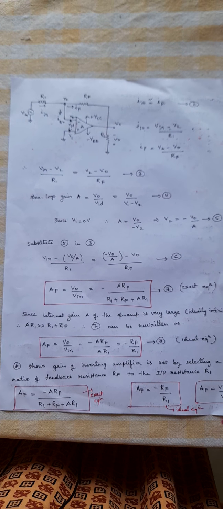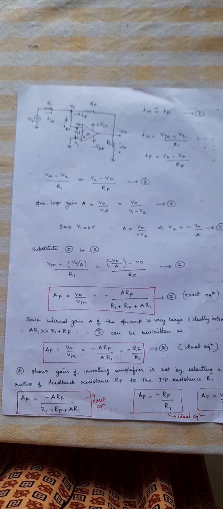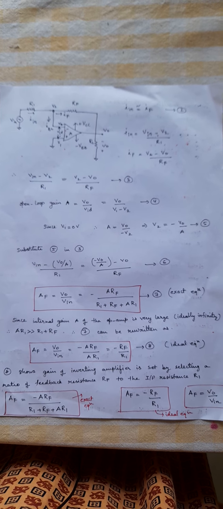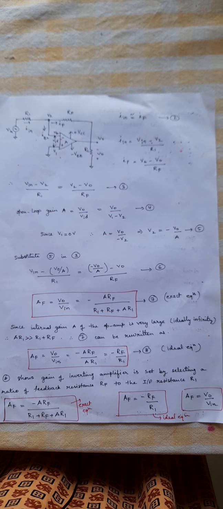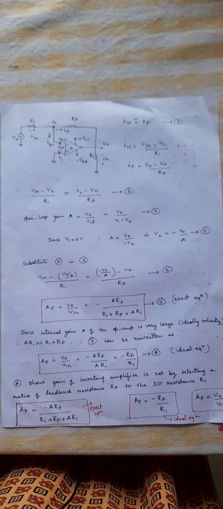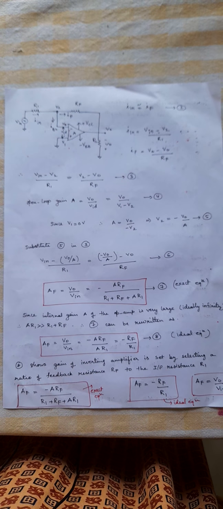AF is equal to minus ARF by R1 plus RF plus AR1. And the ideal equation is minus RF by R1. By this we complete the derivation of the closed loop gain of an inverting amplifier. Thank you.